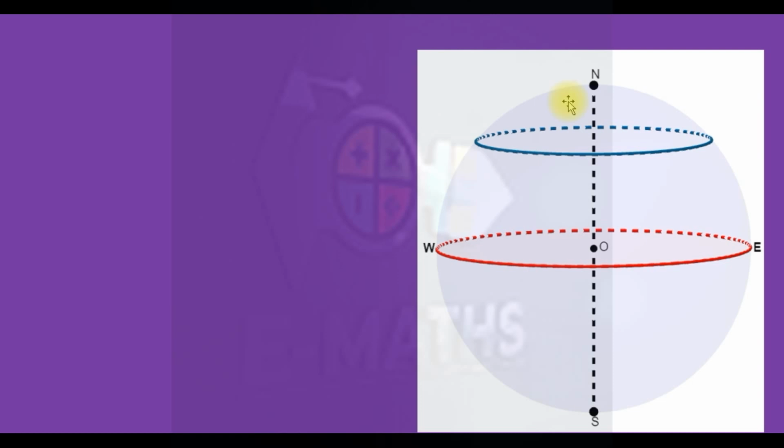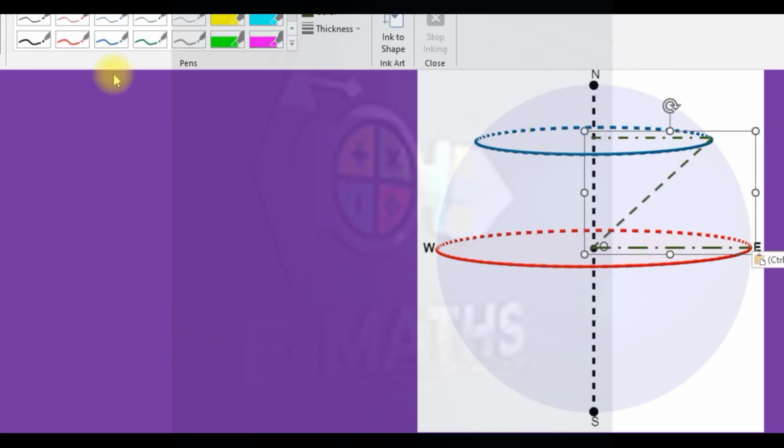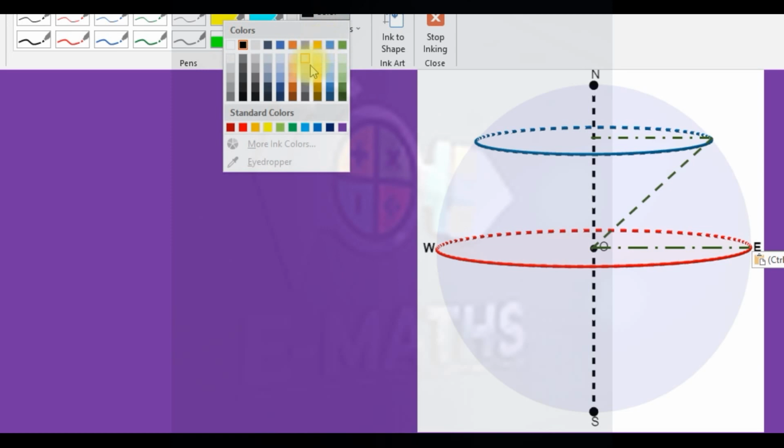So assuming we are given this, if I join these points, if we call this the radius of the earth, that's the big radius R. So assuming from here, this is the center of this small circle.